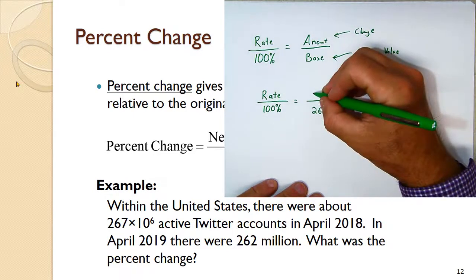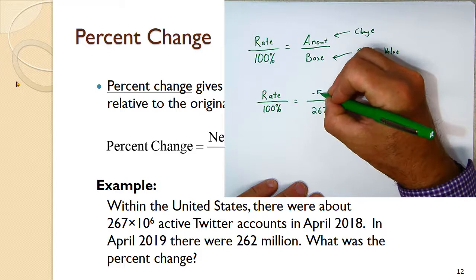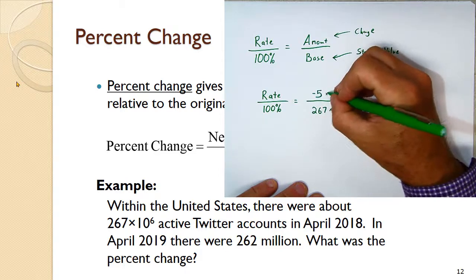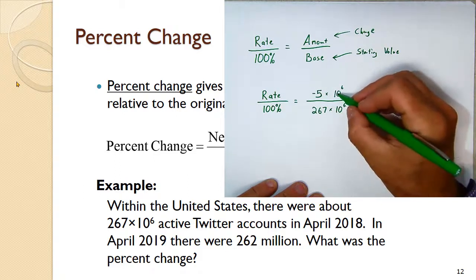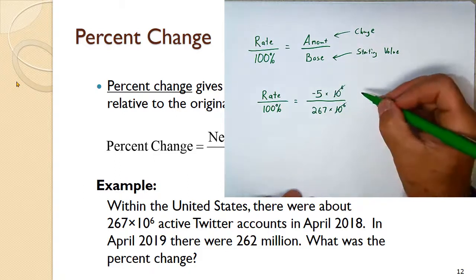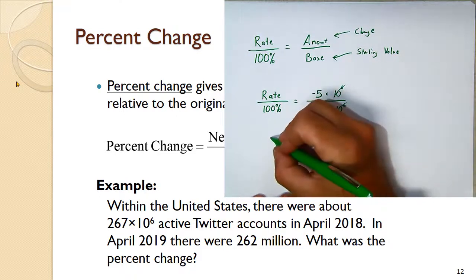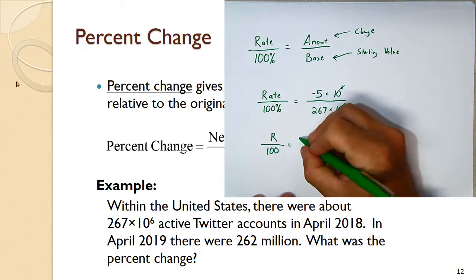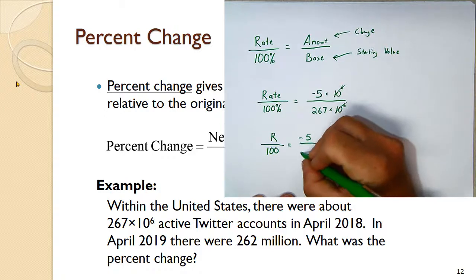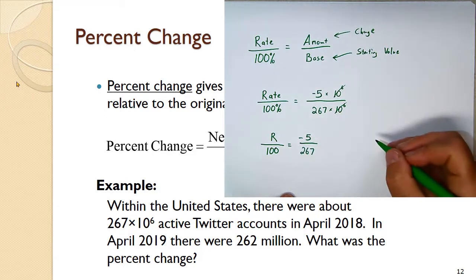And so we already showed that there was a 5 million user decrease in Twitter, so that's negative 5 times 10 to the 6th. Once again, those cancel off, and so the proportion that we need to solve is R over 100 is equal to negative 5 over 267.